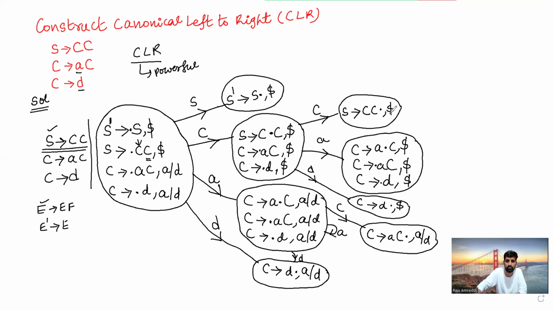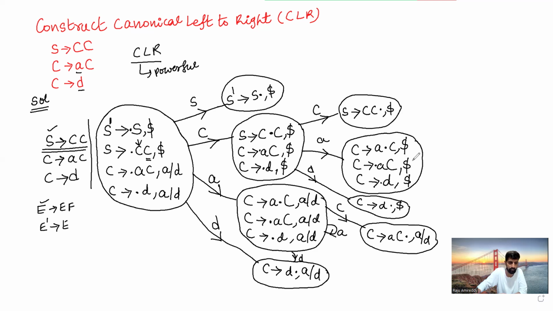Now nothing will happen, you need not do anything. Now what is going to happen here? C tends to this value is small a. So small a will become C tends to A dot C comma C tends to.